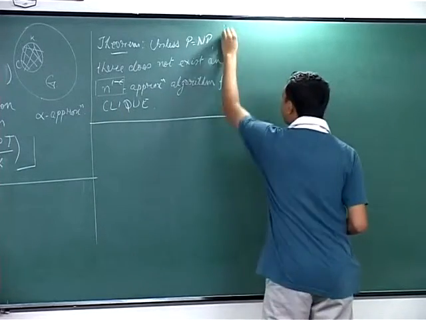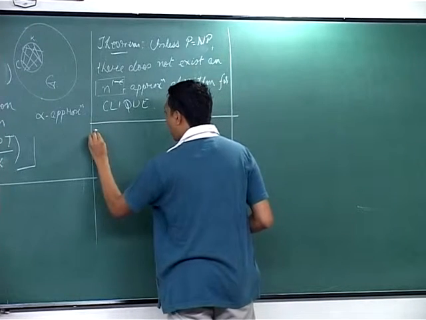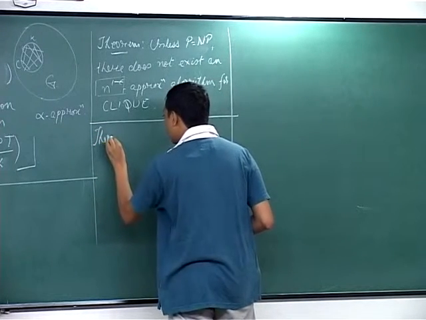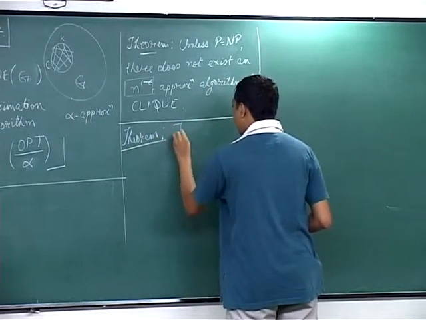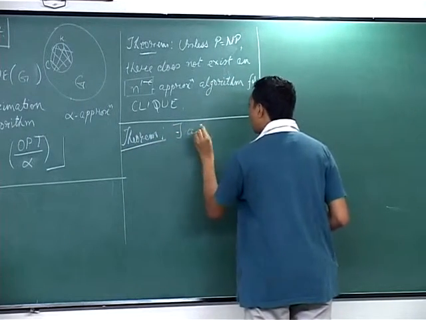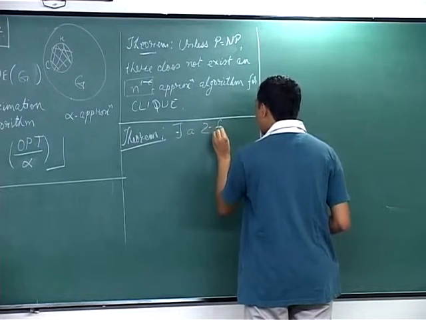The other theorem would be: there exists a two-factor approximation.